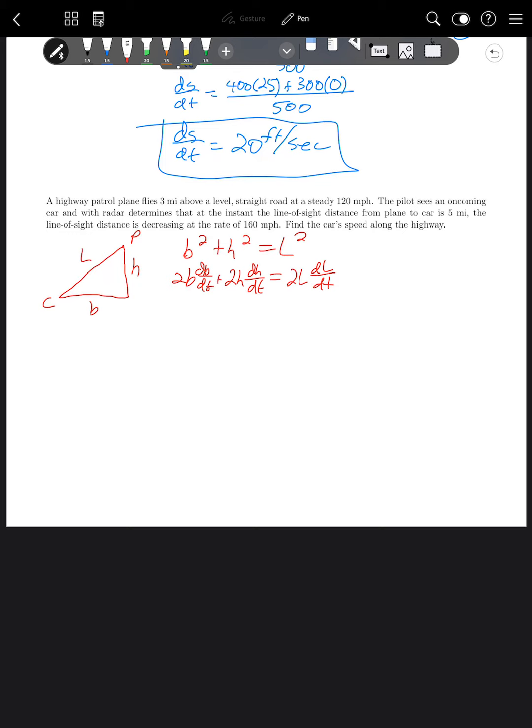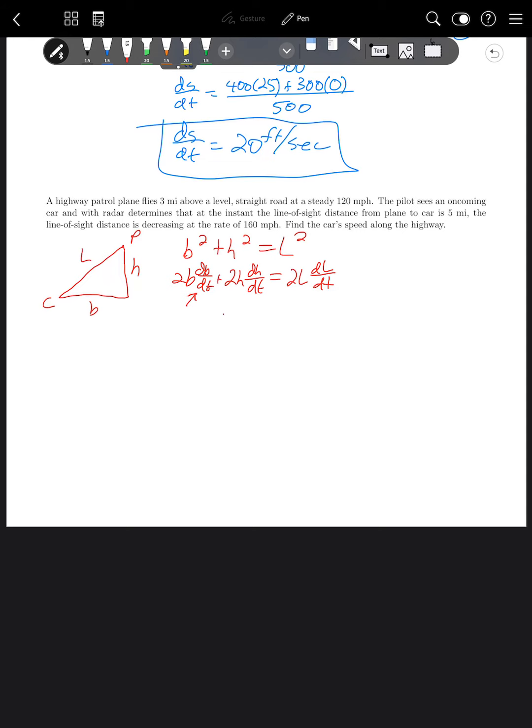In this case, we want to know, what is the car's speed? Well, the car's speed is going to be related to how fast the distance between them is changing, on the horizontal. So we want to solve for that.